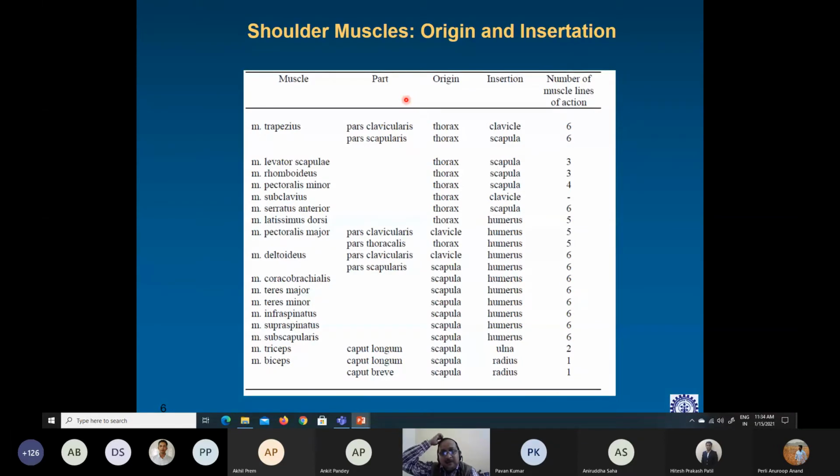So I have made a table for ease of understanding where you can see the origin and insertion of the muscles within the shoulder bone.